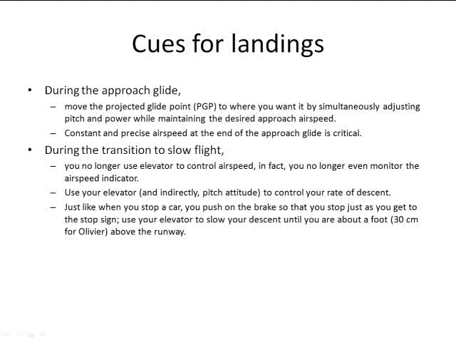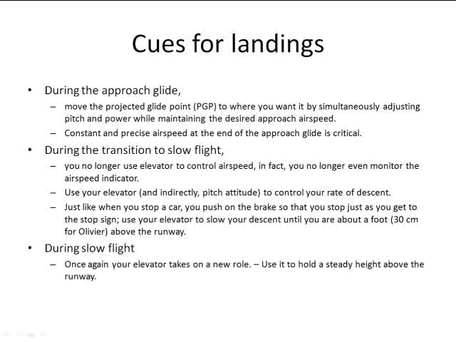Use your elevator to slow your descent until you are about a foot, or for you, Olivier, 30 centimeters, above the runway. During slow flight, once again your elevator takes on a new role. Use it to hold a steady height above the runway. You slowly increase pitch attitude, but your mental focus is on height.